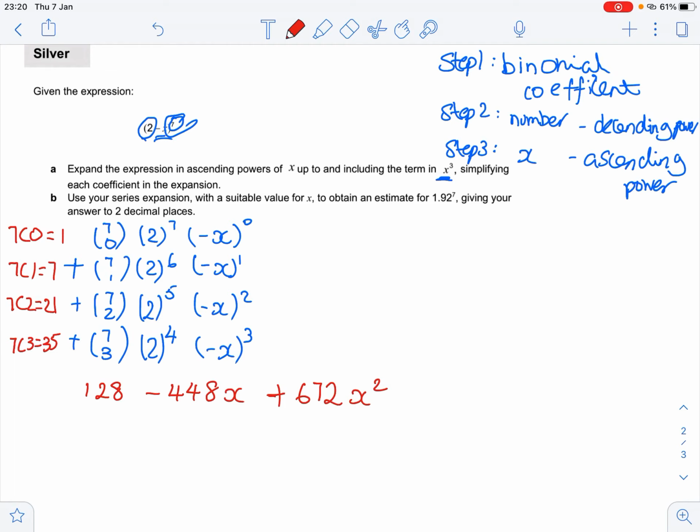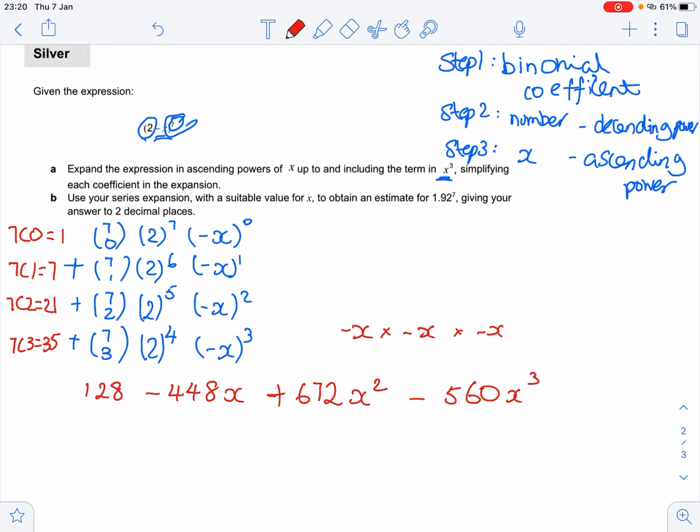So 35 times 2 to the power of 4 is 560. And remember the sign here, so minus x times minus x times minus x. So the answer is going to be negative. So we have negative 560x cubed.